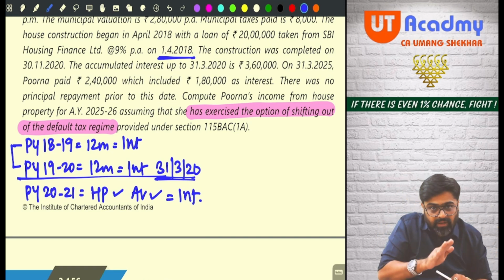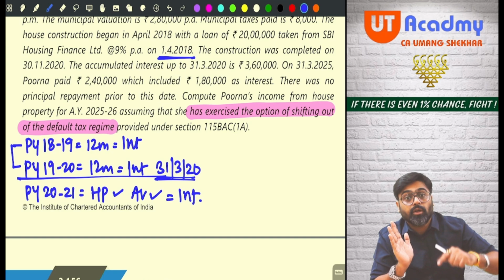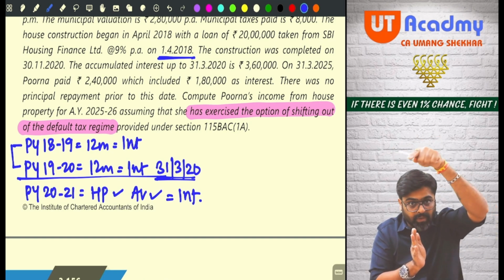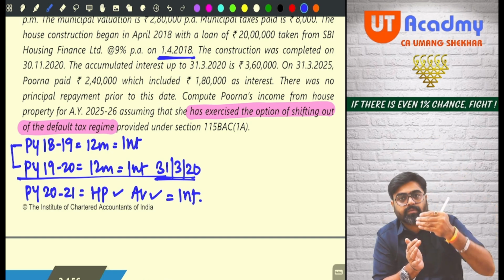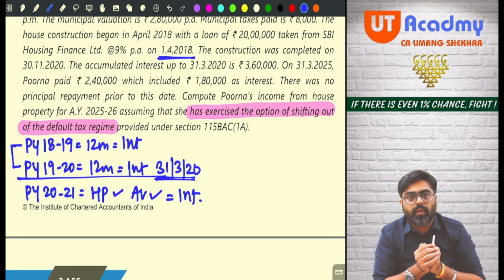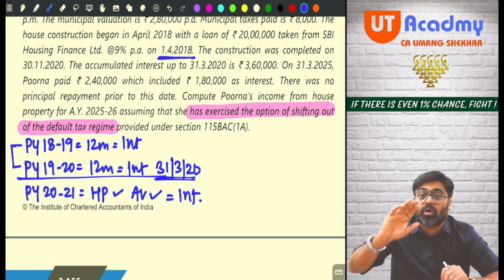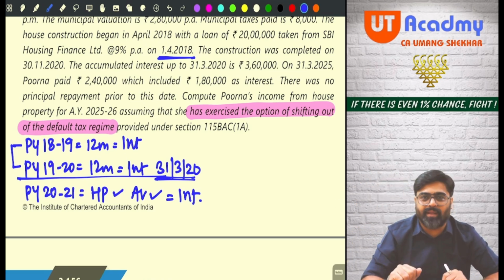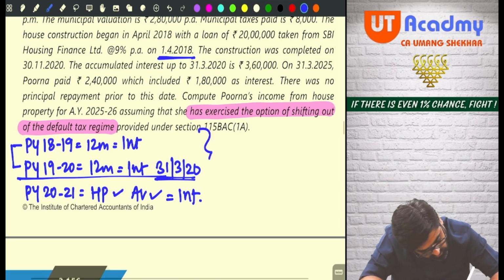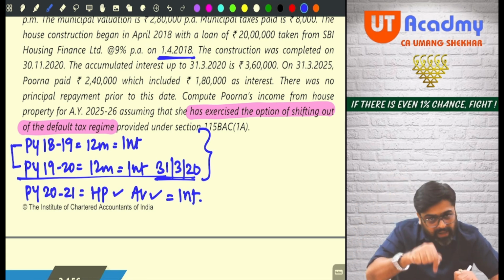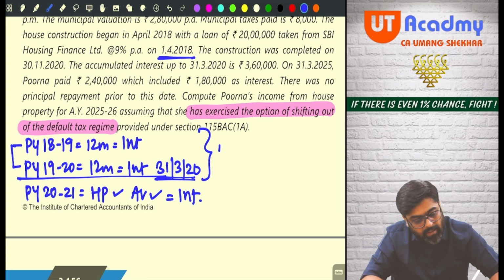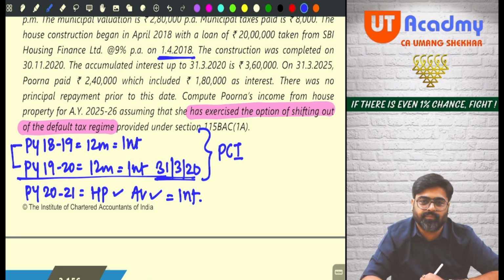Immediately prior to that, 31st March 2020. So from the date of borrowing, 1st April 2018 till 31st March 2020, whatever interest was there was not allowed as a deduction because in that period there was no house property. So this interest from 18-19 to 19-20 is my pre-construction interest.